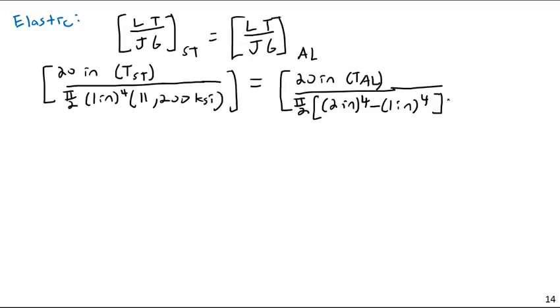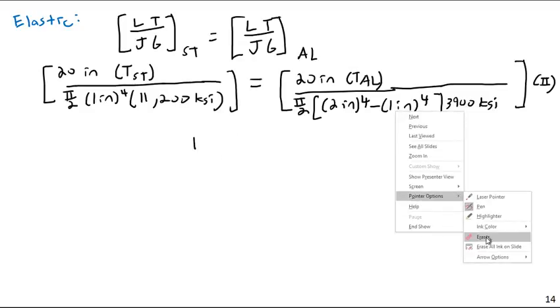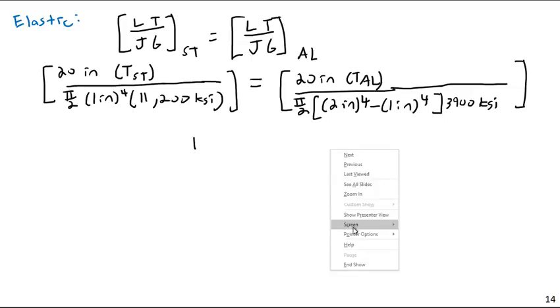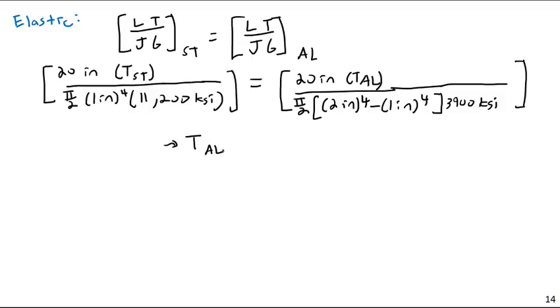And this times then 3,900 KSI. If we combine and simplify this down, let me call the simplified one equation 2. We will get that T aluminum is equal to 5.22 times T steel. And this is going to be equation 2.